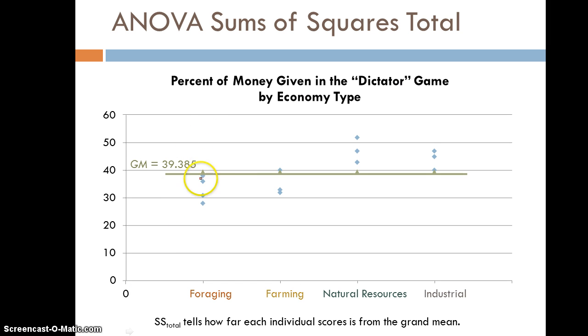So essentially what we're saying with that sums of squares is, what would be the variability if we just estimated it based on the mean of all of the scores? How well would that do? We could draw this line across here and plot that grand mean, and you can see that some of them are pretty far off of that grand mean line. In fact, most of the scores are not very close, maybe perhaps this one. So the sums of squares total tells how far each individual score is from the grand mean.